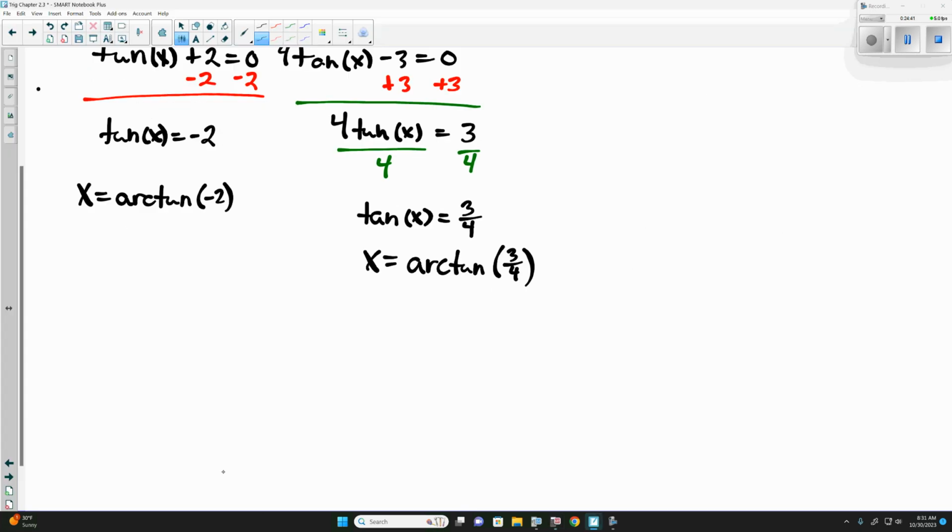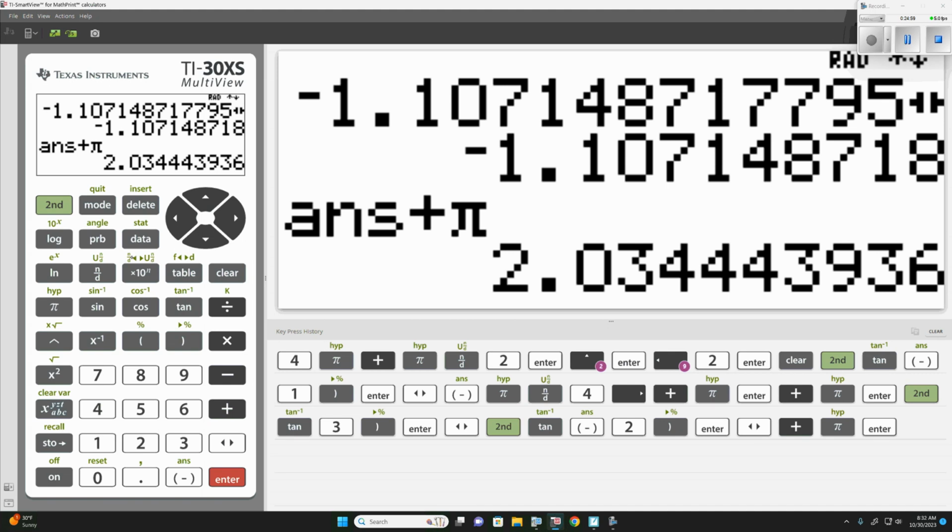Now, I realize I'm going to have to go back and fix this, because what I'm really doing is plus pi n to get these values. And for the sake of this problem, we're going to approximate, because arctangent of -2 gave us negative 1.1071487 radians.